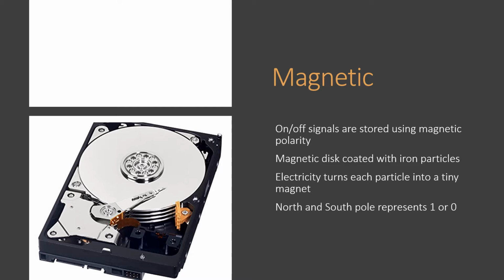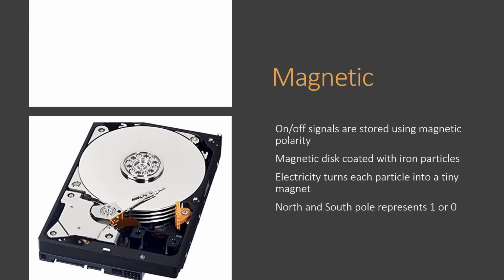Magnetic storage is when the on-off signals are stored using magnets, microscopic magnets. A magnetic disk is typically coated with very tiny iron particles, and when electricity is sent into that disk, the electricity turns each particle into a tiny magnet.